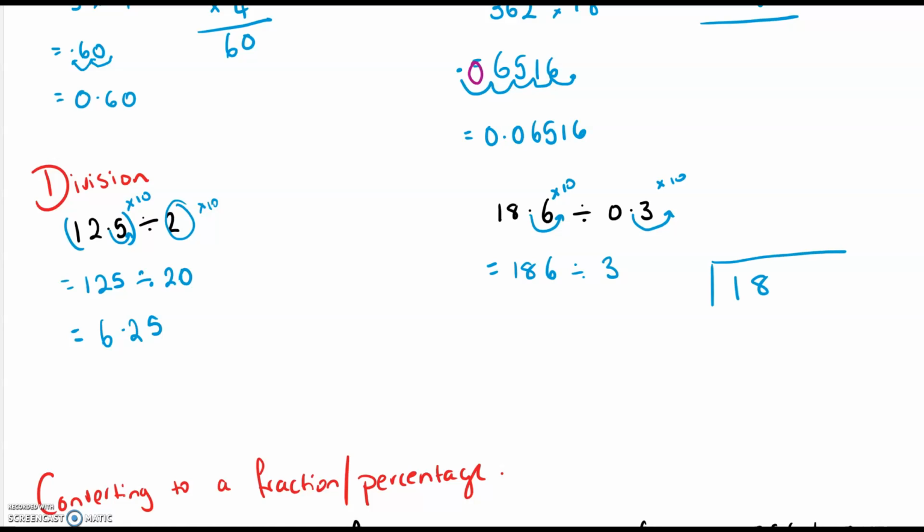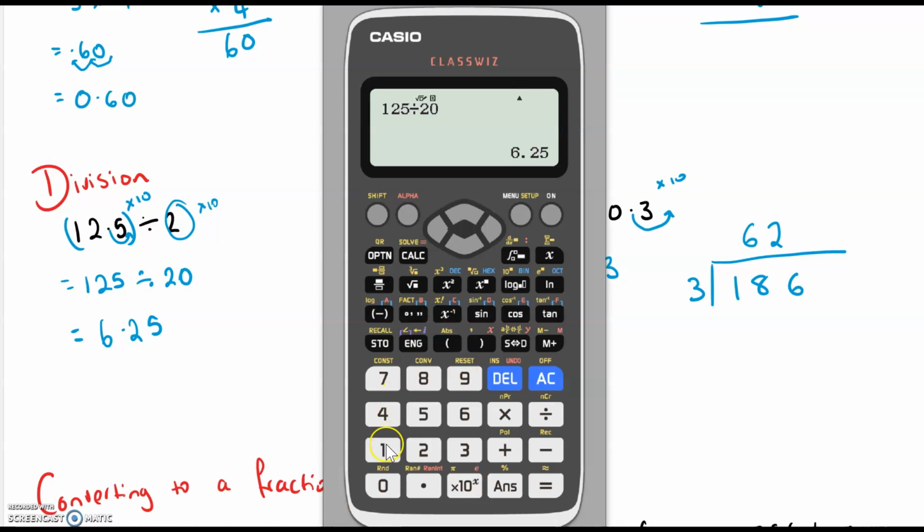So we've got 186 divided by 3. Okay, so 3 goes into 1, well that doesn't work. 3 goes into 18 6 times, and 3 goes into 6 twice. So that goes in 62 times. And if we do our 18.6 divided by 0.3 just to check, okay, we can see we get 62.